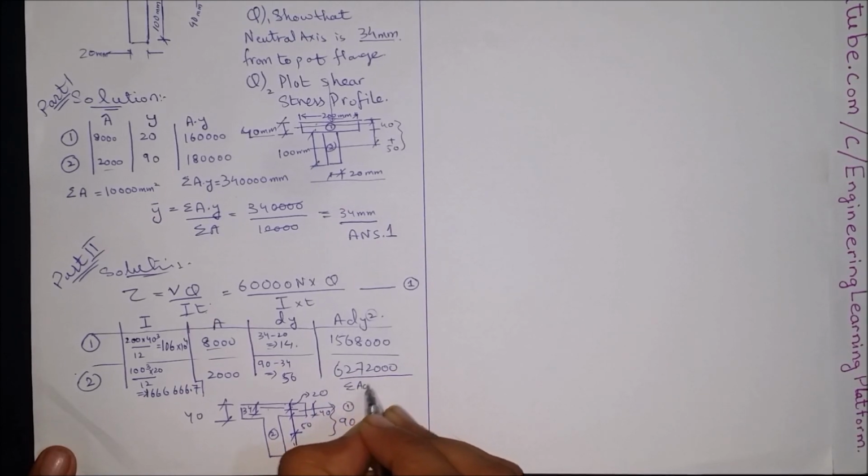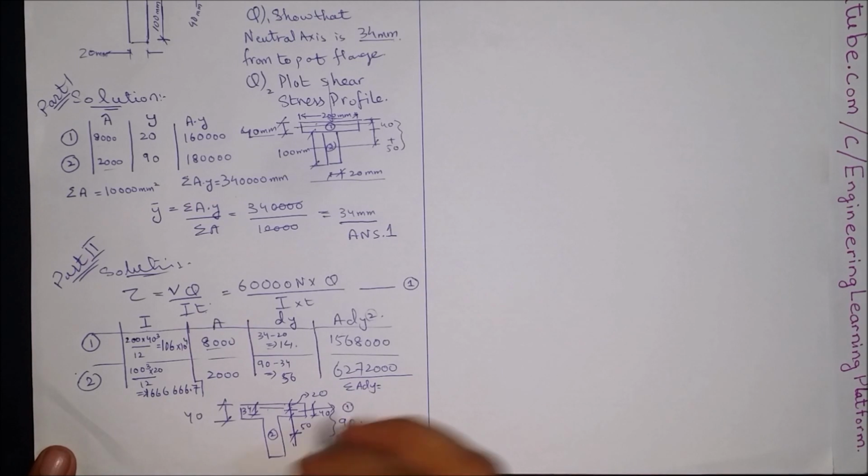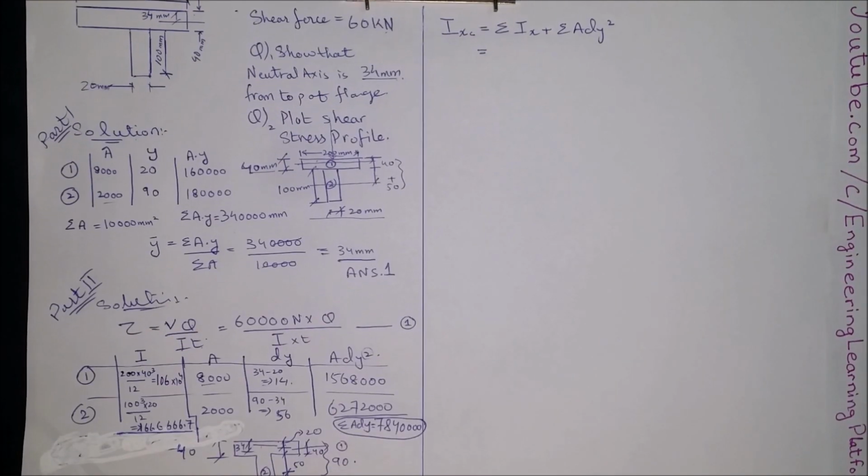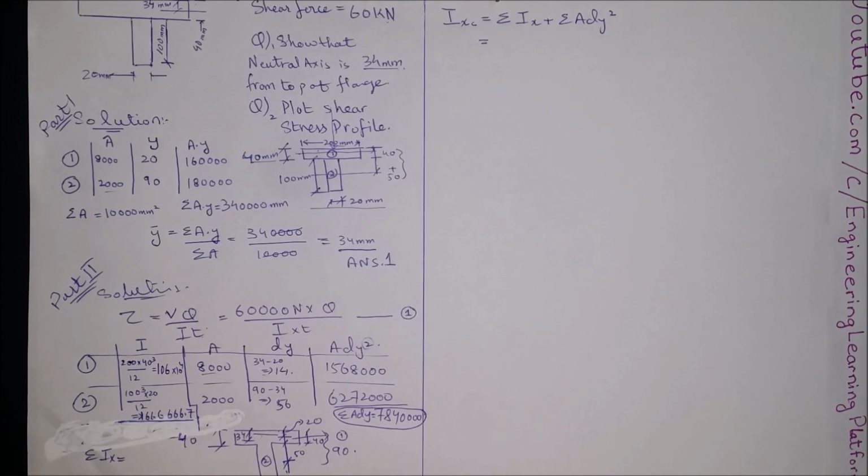The sum of A dy square comes out to be 784, while the sum of Ix comes out to be 27333.4.